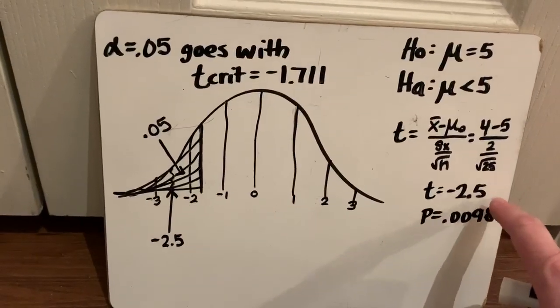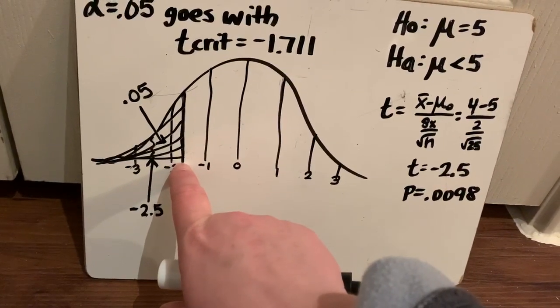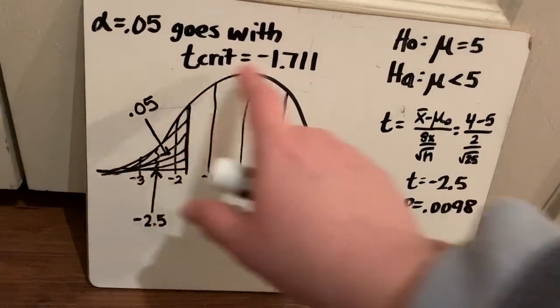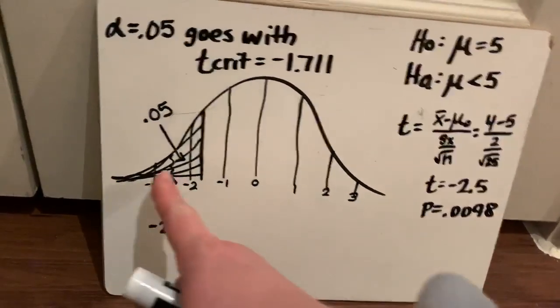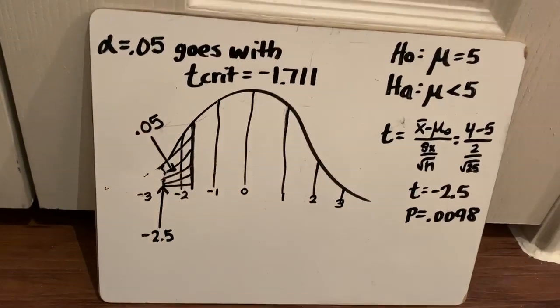If we look at where this test statistic actually fell, if this is negative 1.711, this is where negative 2.5 would be, okay? So this area, 0.0098, which is our p-value, I'm going to erase it actually, that is the area to the left of there.